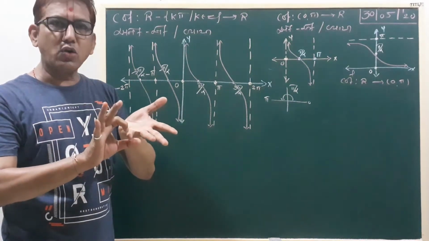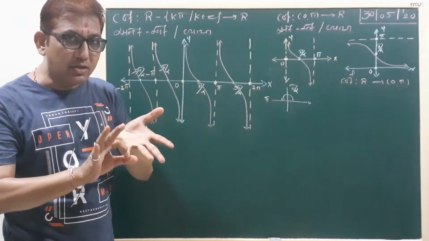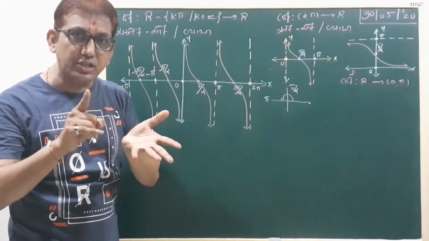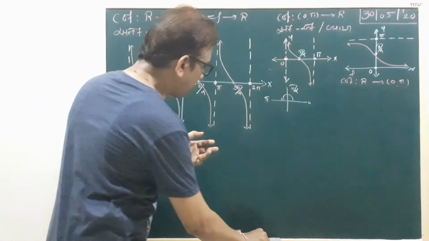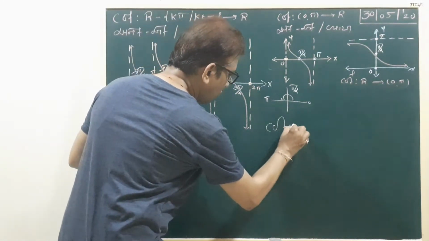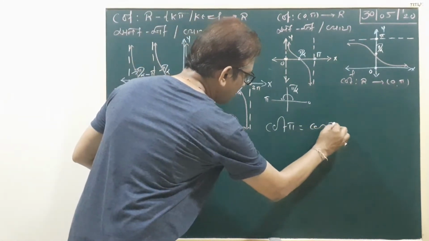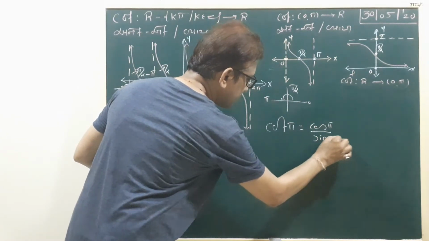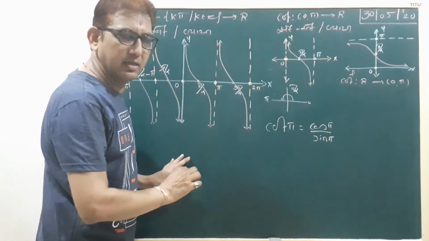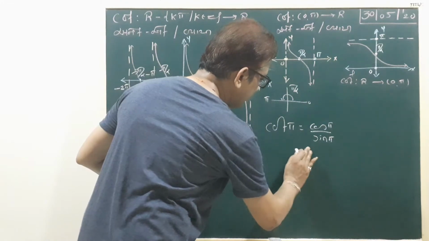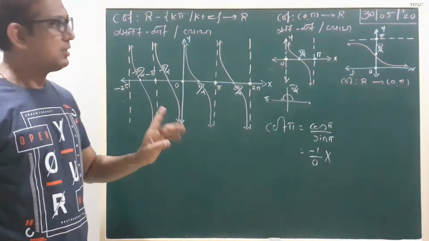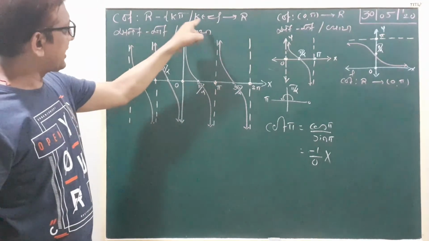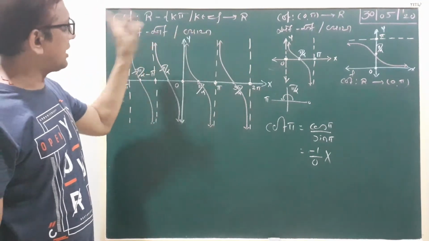That means cot pi is undefined, not 0, undefined. Cot pi is not possible because cot pi equals cos pi upon sin pi. Cos pi is minus 1 but sin pi is 0, so this is not possible.